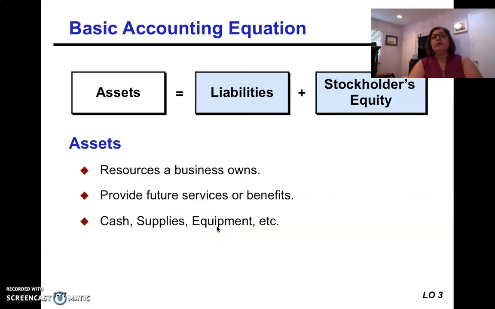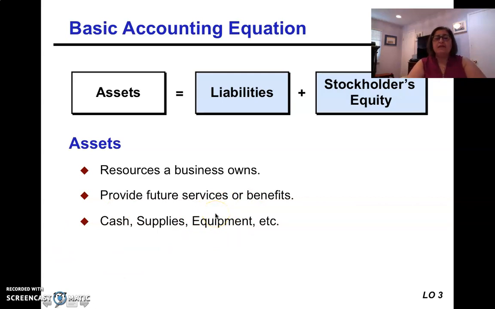So when we put cars, trucks, printer, computer, any type of resource that the company purchases for the purpose of using in the company, and the useful life of that item is more than 1 year, we can put it under a different category. One of those categories is equipment.